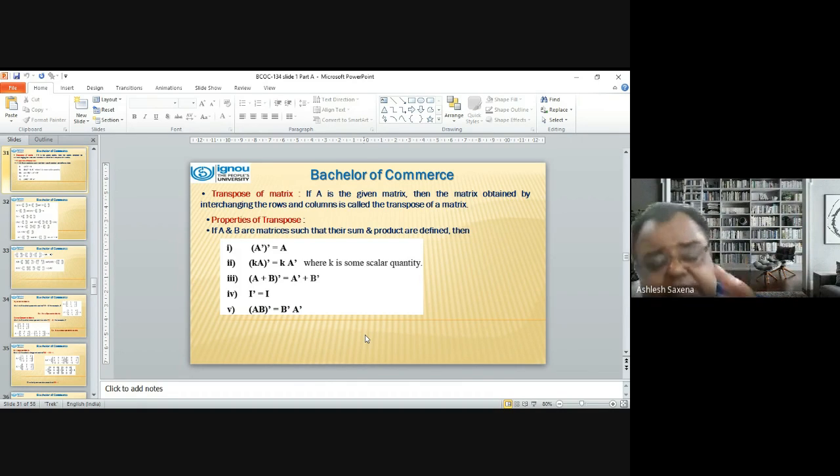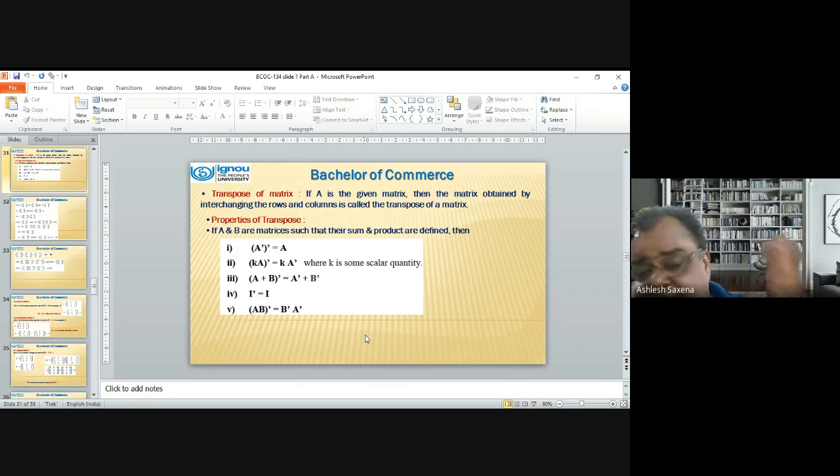Now, there are again some properties which are related to transpose of the matrix. We have a matrix, we transpose it, and we again transpose it. We are going to get the same matrix, the original matrix. If we have kA dash, when we open it, we will be taking K out.